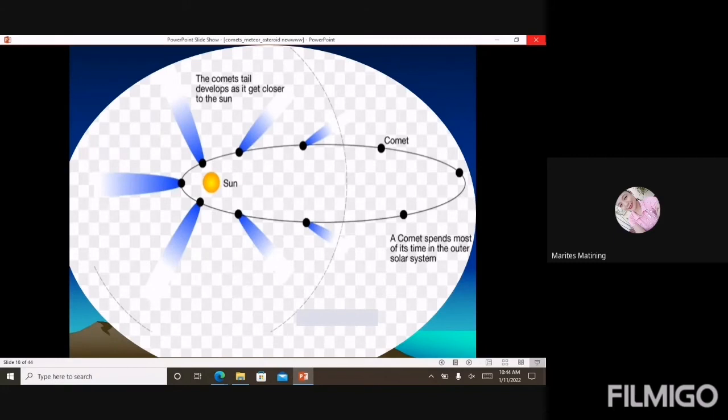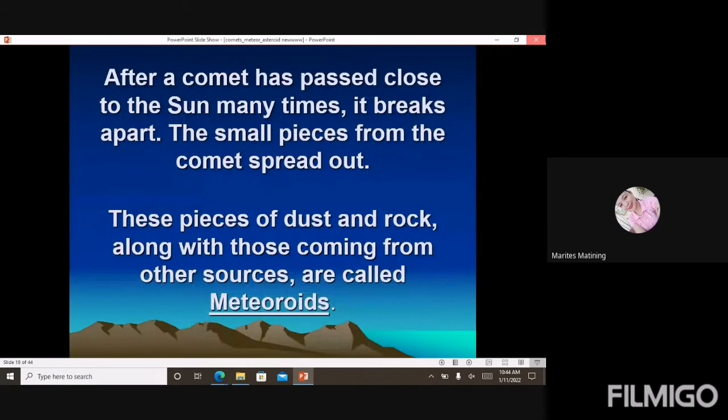Okay. So, a comet spends most of its time in the outer solar system. Since the comet spends most of its time in the outer solar system na napakalamig, doon nabubuo yung kanyang outer part. Okay, yung frozen outer part niya. Okay? So, after a comet has passed close to the sun many times, it breaks apart.